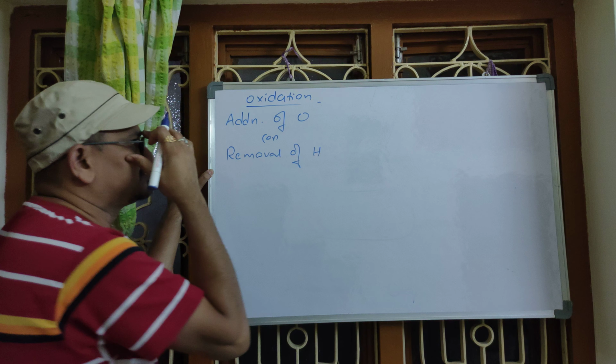Here it is reverse: addition of hydrogen or removal of oxygen. Yes. Now take the example AO. The substance AO is getting converted to A^+2 ionized and O^-2. This is A^+2 and O^-2.